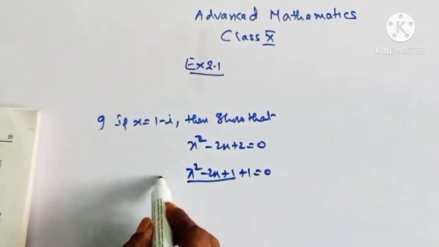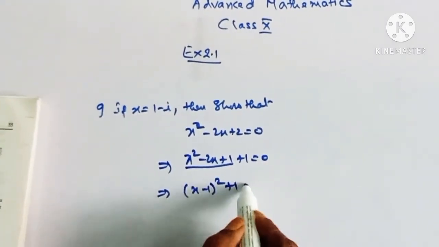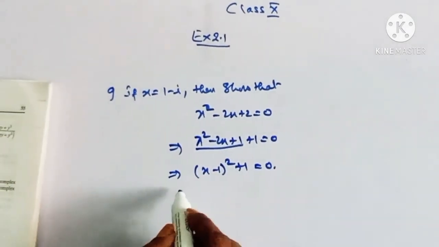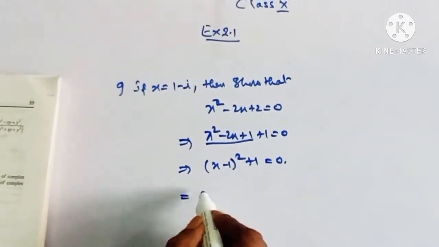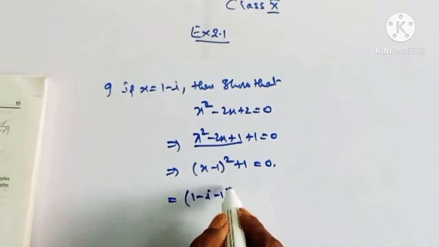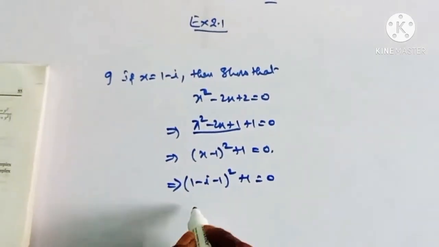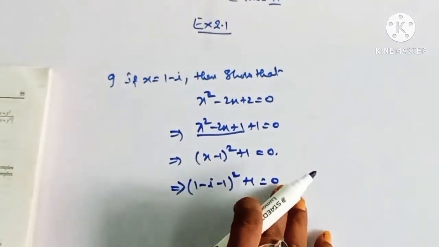This becomes (x minus 1) the whole square plus 1 equals 0. So here the value of x is 1 minus i.